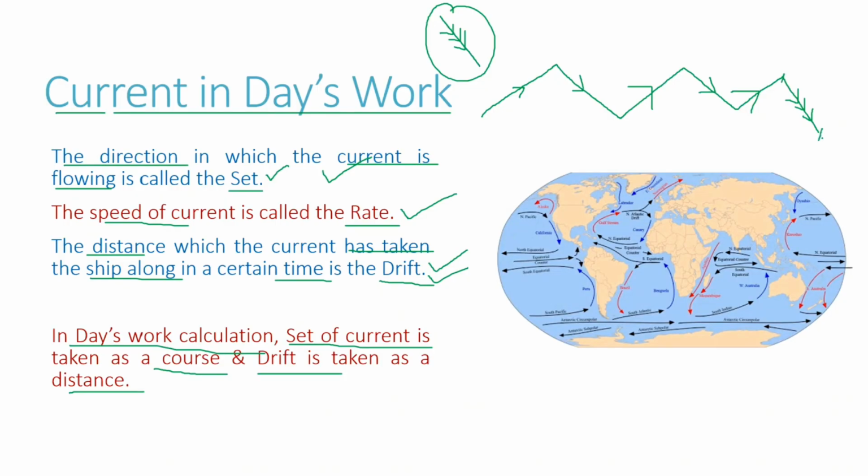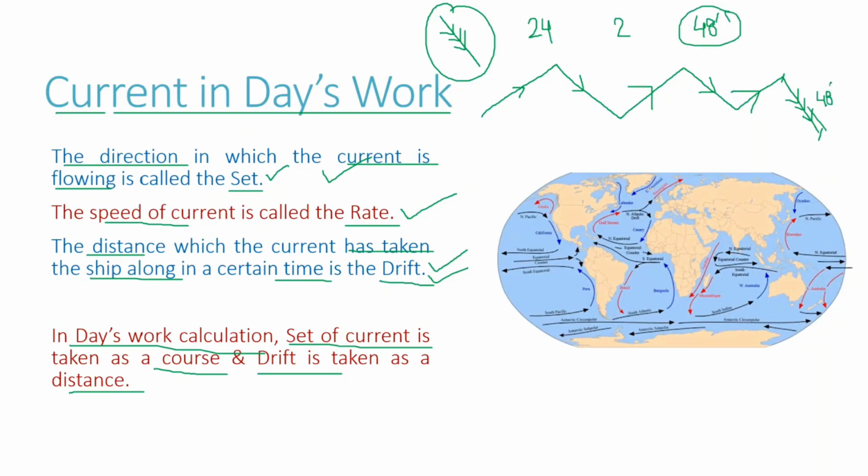The set of the current is taken as a course and the drift of the current for the full time interval. Let us say the current is applicable for 24 hours and the rate of the current is 2 knots. The drift will be 48 miles. So we will take the length of this vector as 48 miles.